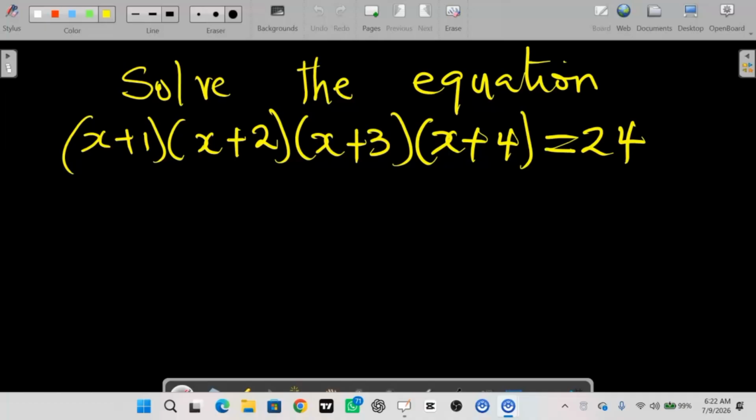Expanding it normally will completely ruin your time. Always look closer at this number, because there will be a hidden symmetry that will let you skip 90% of the algebra. Let me show you step by step.